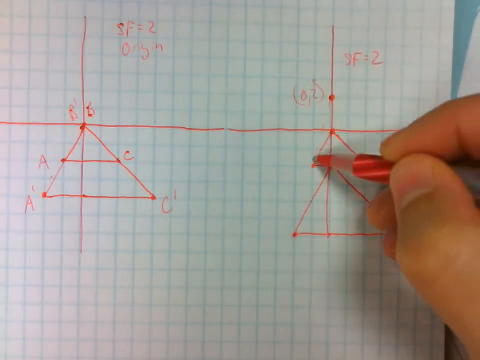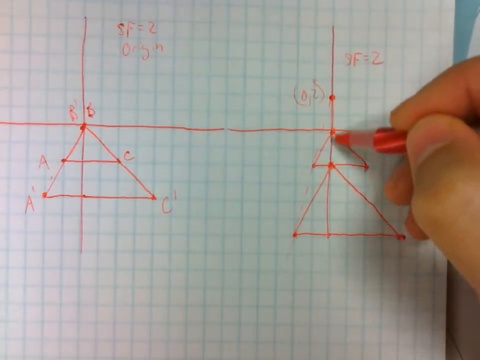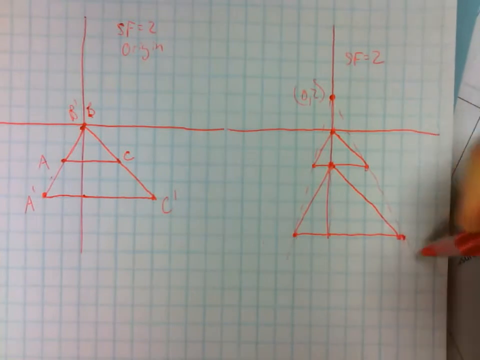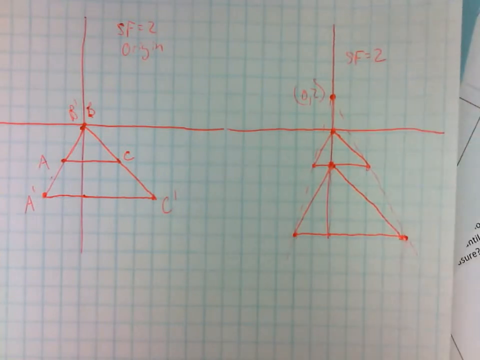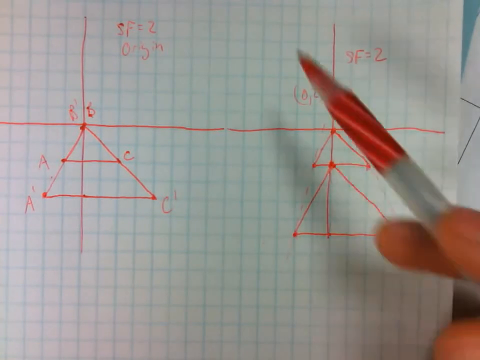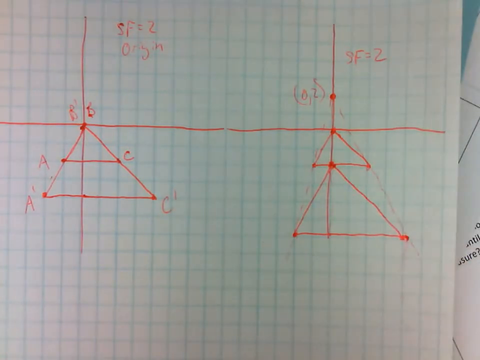What we care about is that it lines up along that line, and that the center one lined up along that line, and then the other one lined up along that line. Okay, so changing where the center is just changes the position. It doesn't change what the size is. Scale factor is what determines what the size of the new figure will be.